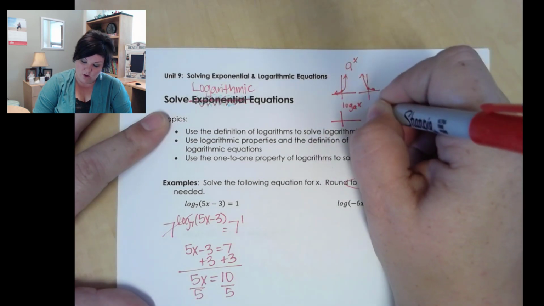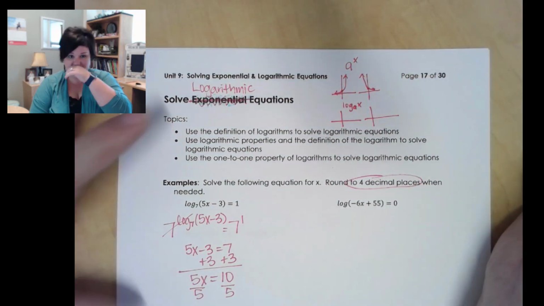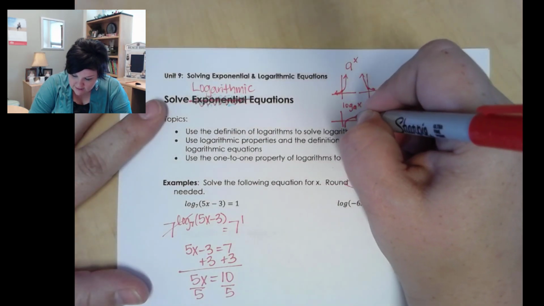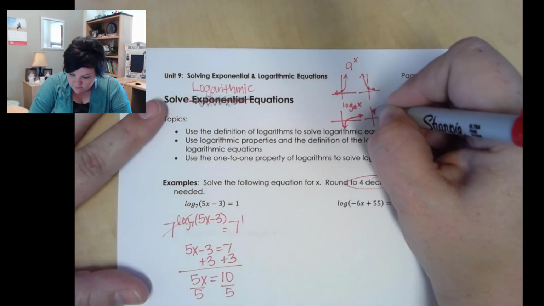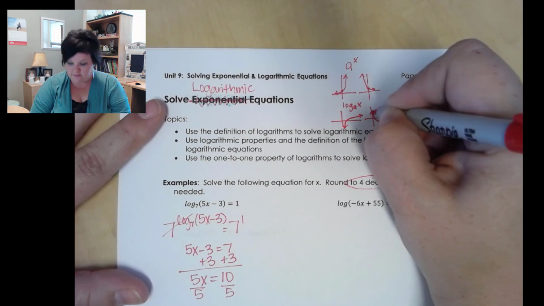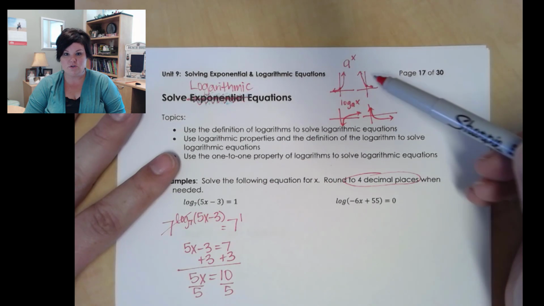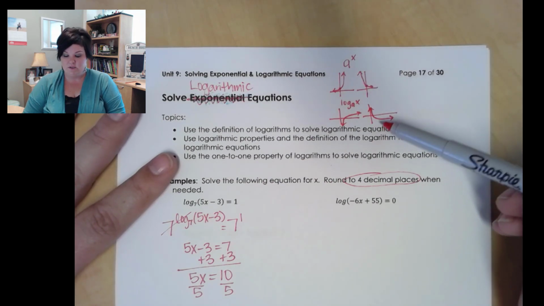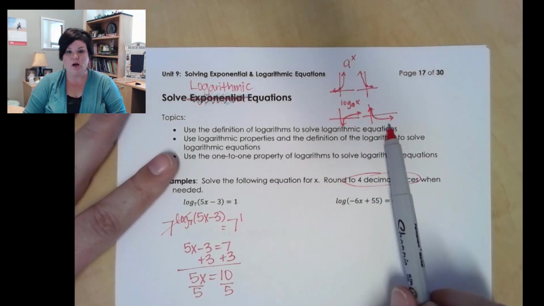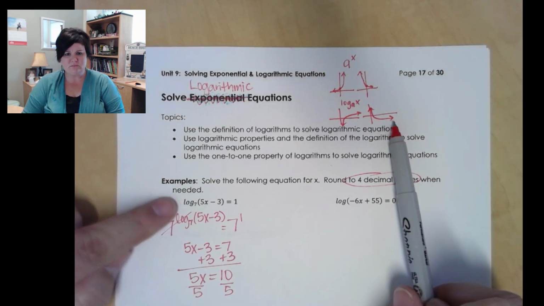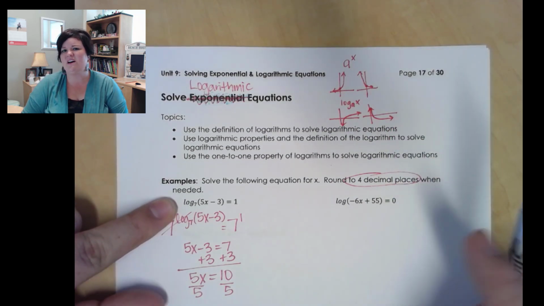So we have two options for how those look. We either end up with something that looks like this, or we end up with something that looks like this. Those are our two options. We start with exponential, swap it, which gives us a log. So this is what any log problem looks like. So in these equations that we're solving for x.